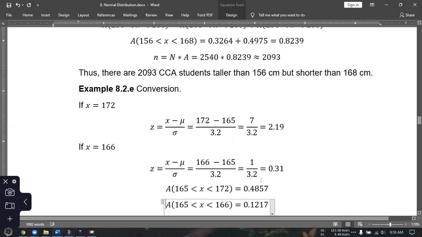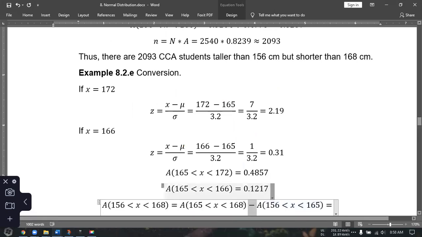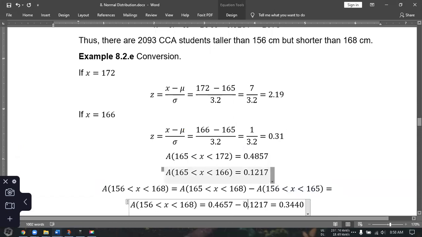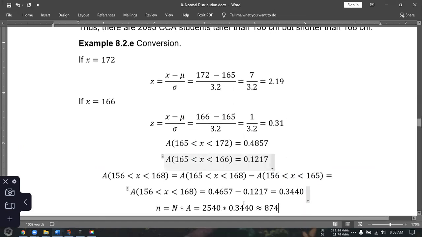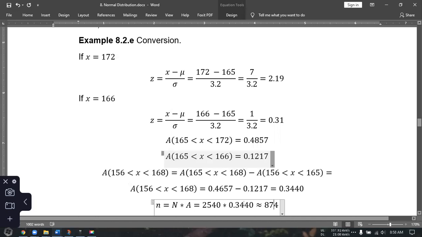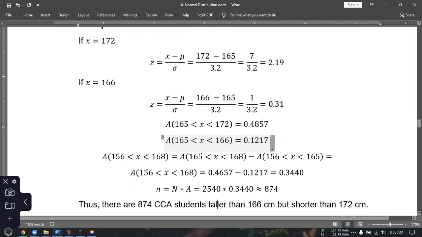This is our a sub 2, 0.4857. This is a sub 1, 0.1217. Subtracting these two will have 0.3440. Multiplying that to our given n, the number of students, we have approximately 874.